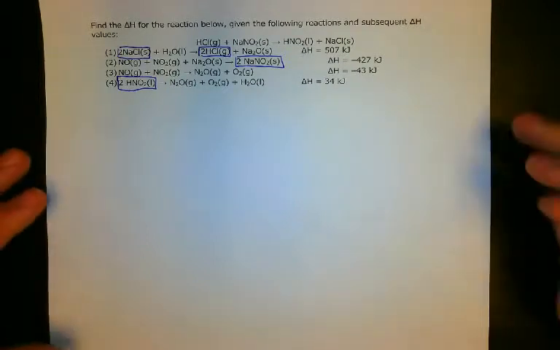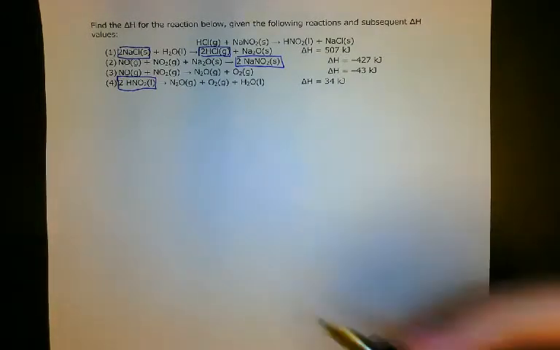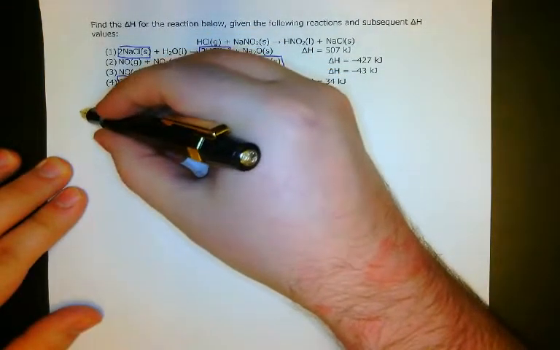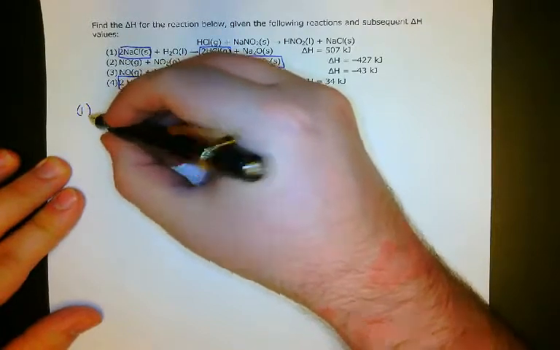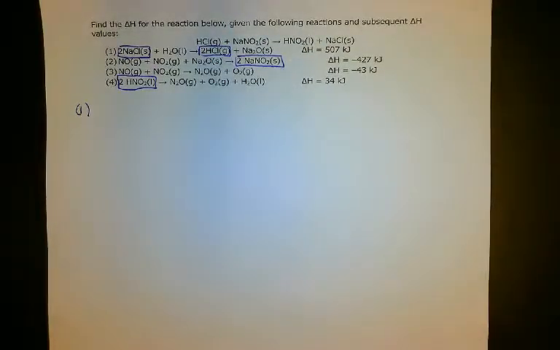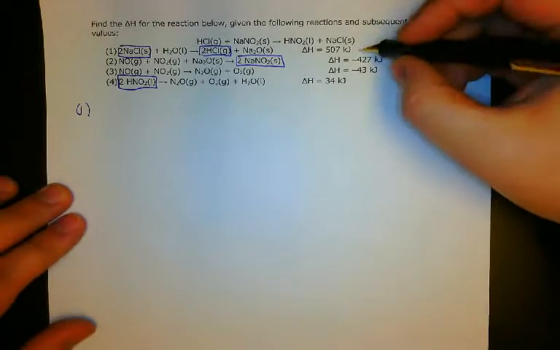So let's start this off with reaction 1. Are my 2 things in reaction 1 that I need in the correct place, reactant or product? No, they're not. HCl is a product, and I need it to be a reactant. NaCl is a reactant, I need it to be a product. So I'm going to have to flip this equation.